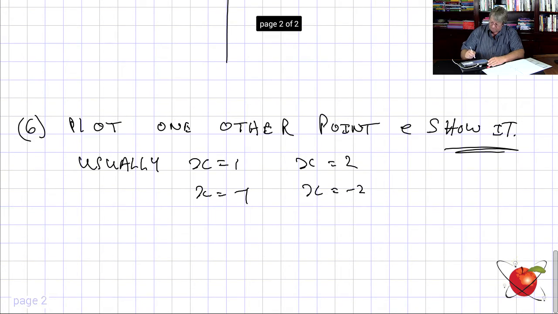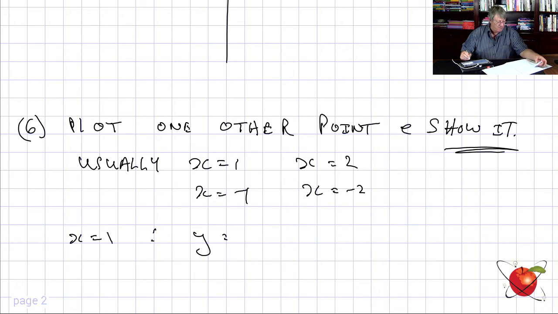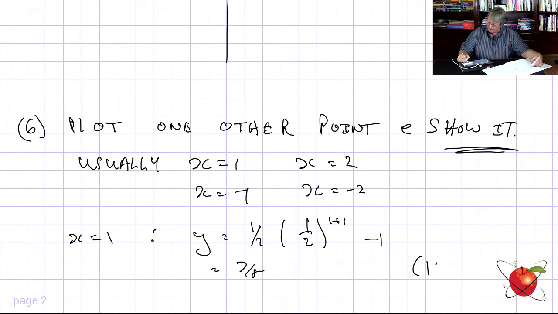Now, therefore, if I plot x equals 1, y is going to be equal to a half times a half to the power of 1 plus 1 minus 1. I work this out and I get 7 over 8. So my point is 1 and 7 over 8. Okay.